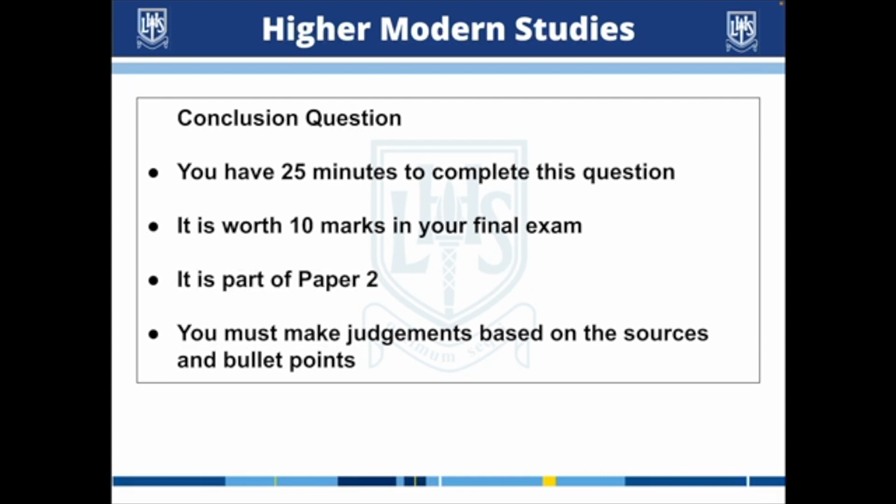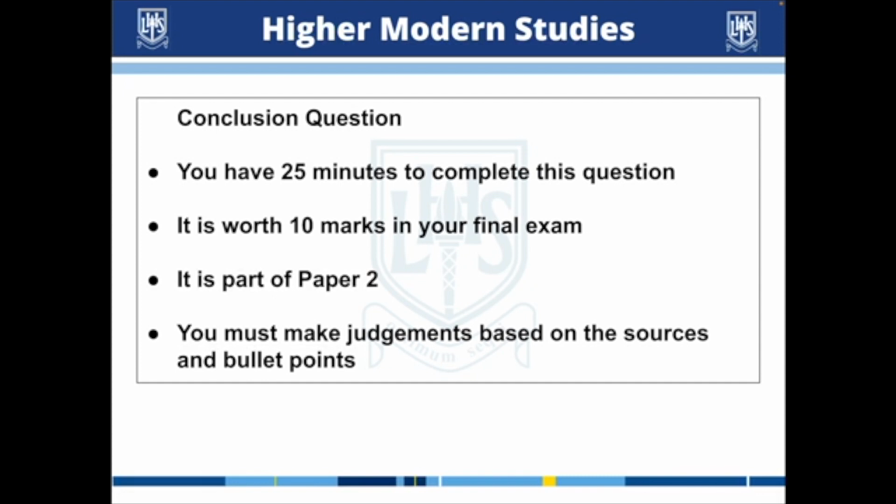Now, the bullet point might be something along the lines of the link between Falkirk and Scotland. You can't then just say there is a link between Falkirk and Scotland. That's not the link. All you're doing is rewording the bullet point. To make a genuine conclusion, you have to add value to it.